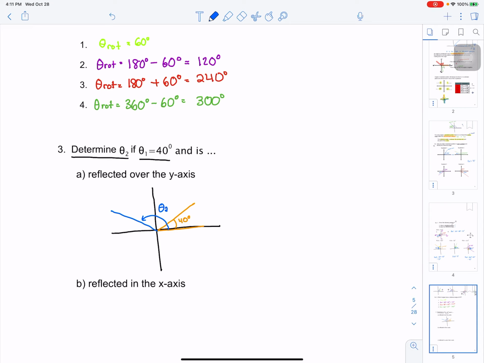How much have I traveled to get to theta 2 when theta 1 is 40 degrees? Well, I know that if this little bit is 40, then this little bit is 40 as well. So to get my theta 2, all I have to do is take my full 180 degrees to get to the straight line, take away the little bit, that's my reference angle, and I get 140 degrees. So that's my angle starting from here, ending over here.